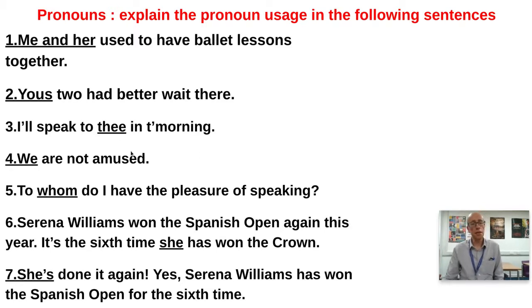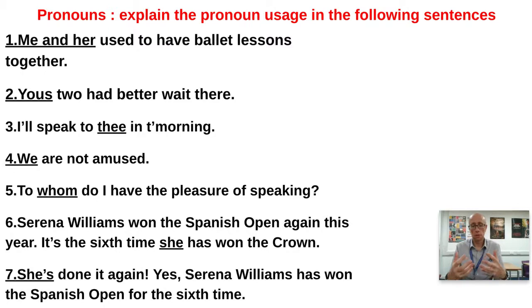The thee there is actually an old-fashioned second-person object form of the pronoun. So this demonstrates that in some regional dialects we have different forms of pronouns. That's because in older forms of English, like early modern English, they didn't just use you for singular and plural, but differentiated between the subject and the object by going thou for the subject form, thee for the object form and thy for the possessive.